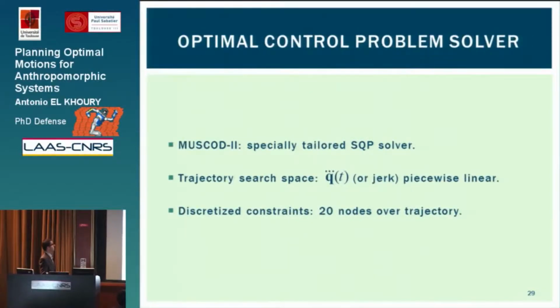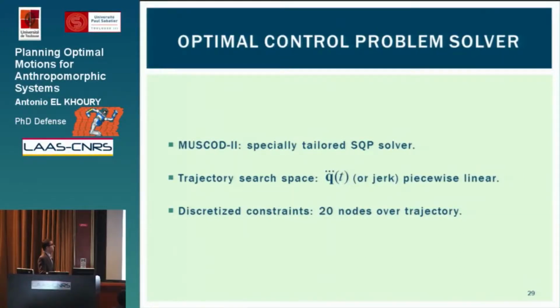In particular, we use MUSCOD, which is a specialized direct multiple shooting solver for optimal control. It relies on a specially tailored sequential quadratic programming solver that takes advantage of the sparsity of the Jacobians and the Hessians to solve optimal control problems quite efficiently.